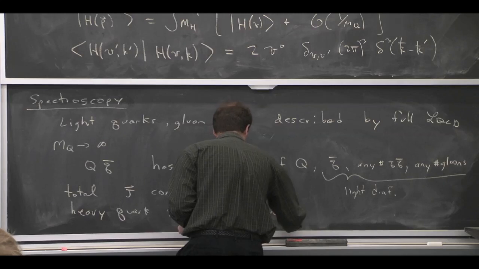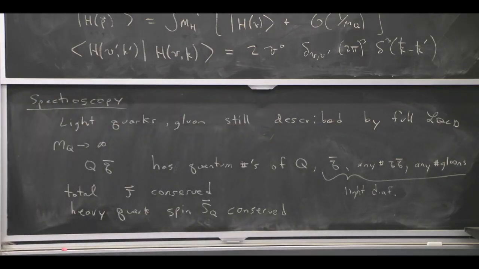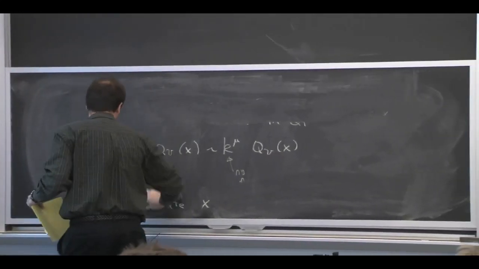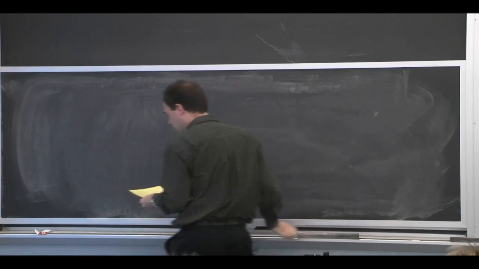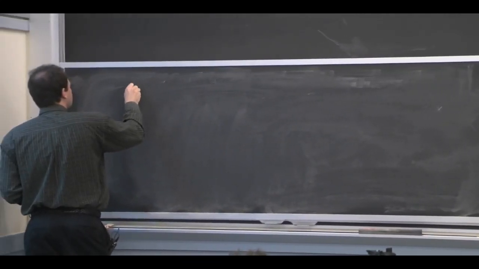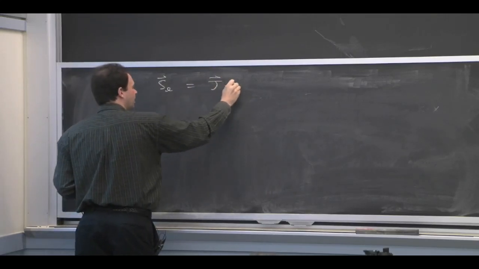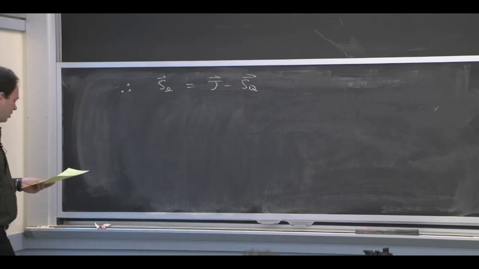And that we can use to say something more about the states. And usually the way that this is done is by defining SL to be J minus SQ. So if both J and SQ are good things to talk about, we can also talk about SL, which is the difference.